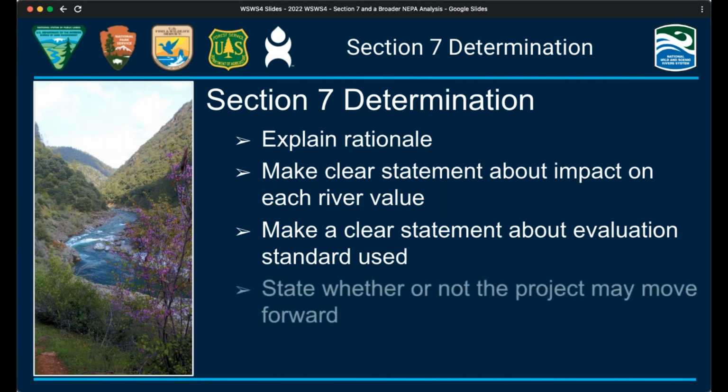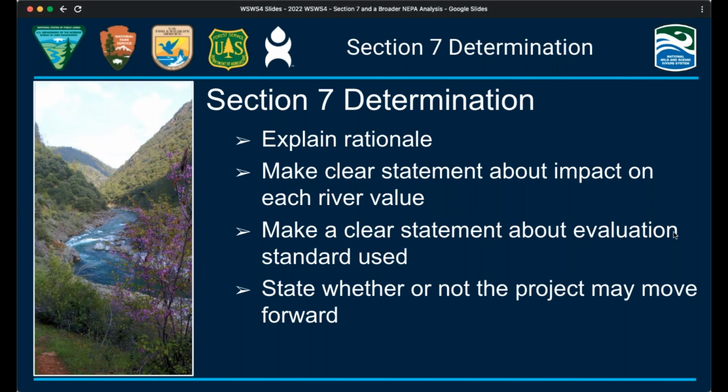So an example of a clearly stated Section 7 determination might be something like the following. Pursuant to Section 7(a) of the Wild and Scenic Rivers Act, the National Park Service has determined on behalf of the Secretary of the Interior that this project will not have a direct and adverse effect on the free-flowing character, water quality, scenic, and wildlife values of the Santa Frietta Wild and Scenic River.